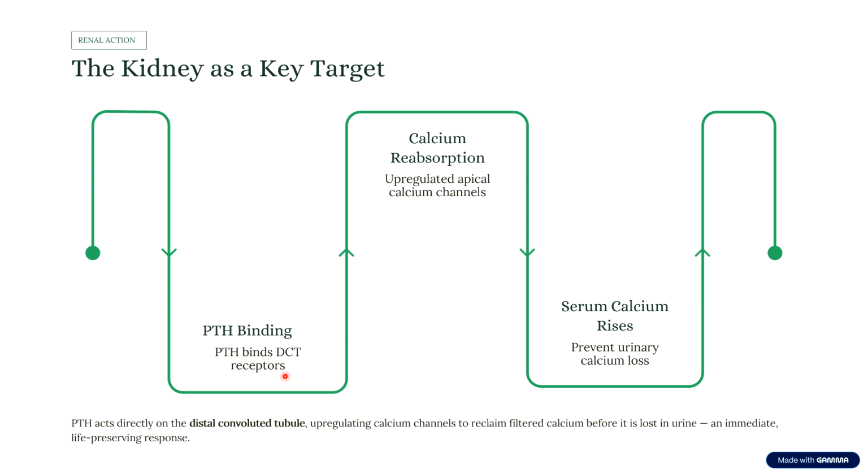DCT means distal convoluted tubule. Then this distal convoluted tubule helps in calcium reabsorption. So the serum calcium level increases, which prevents urinary calcium loss. So this is the function of the kidney to retain the calcium ion inside the body.